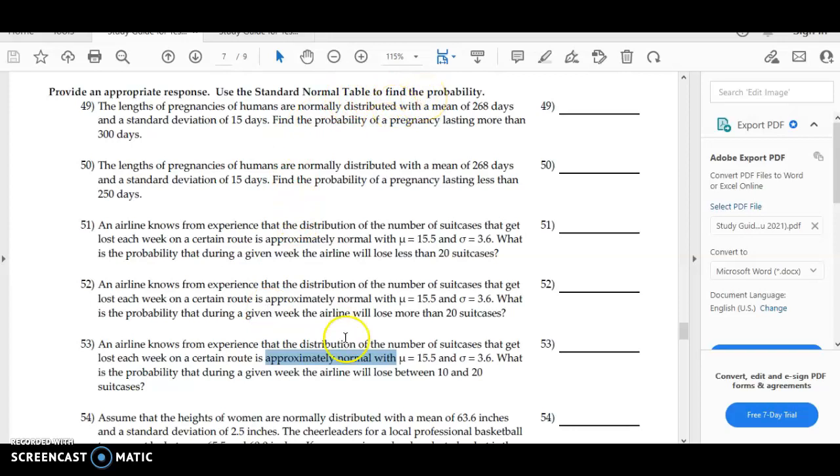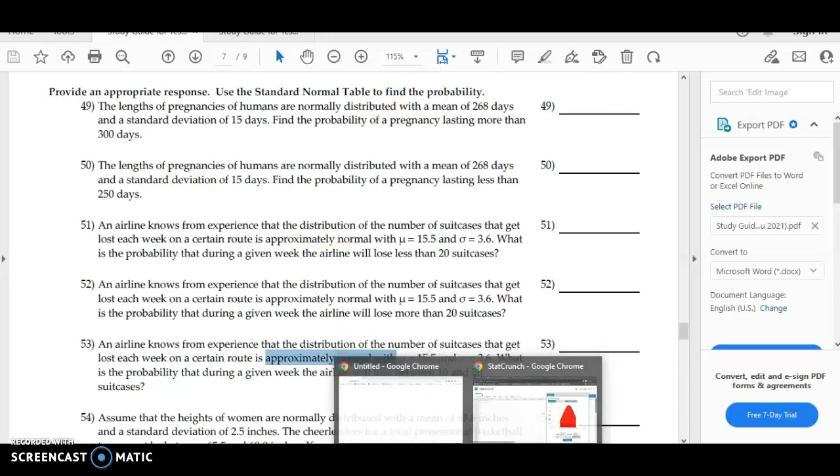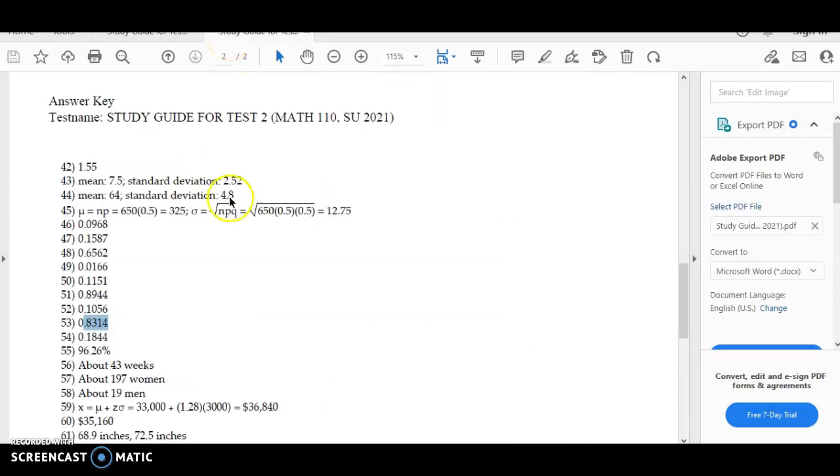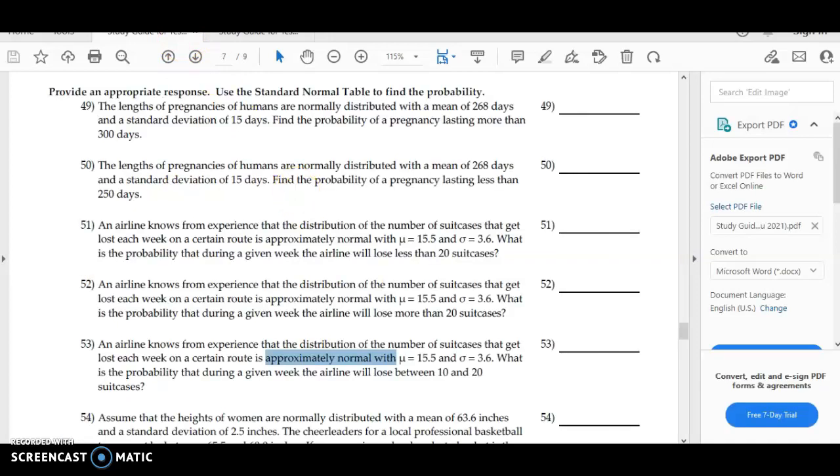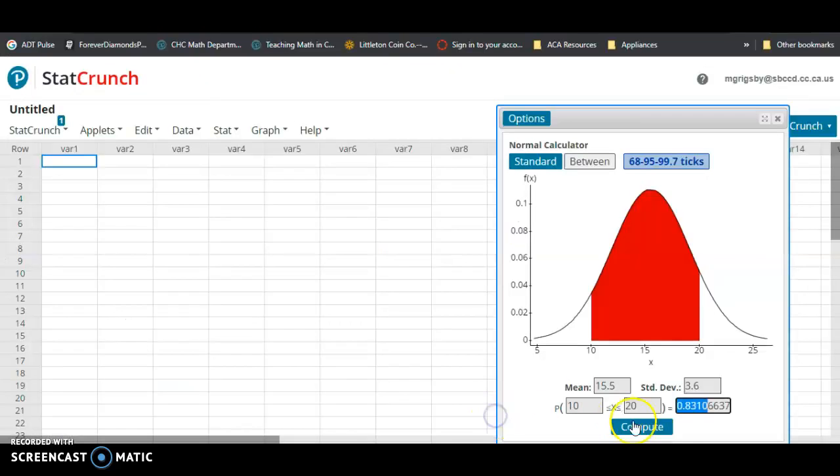So keep in mind that if there's a little bit of discrepancy between what you're getting in StatCrunch and the answer key, the study guide may be basing their answers off of the table. We're not going to use the table. You can use the table certainly if you know how to use it, but I recommend sticking to using StatCrunch. Our answers are approximately the same, 0.8310, so we know we're on the right track.